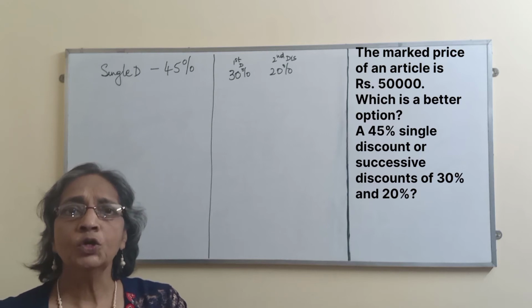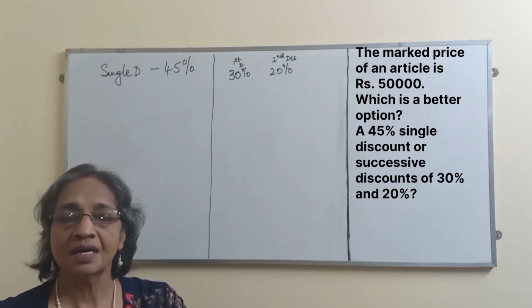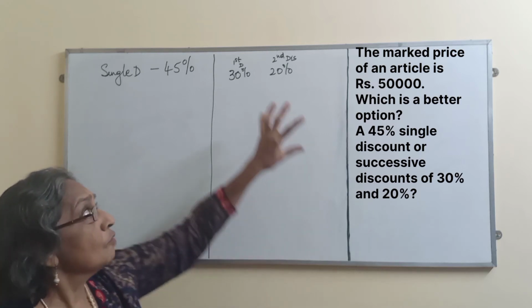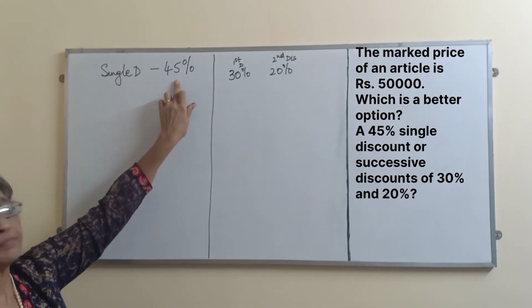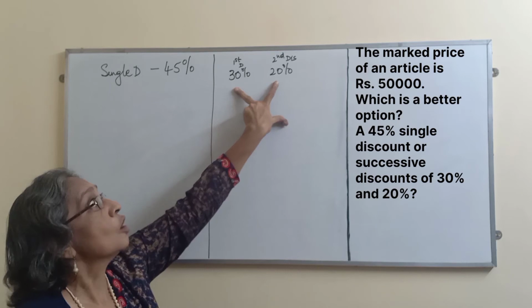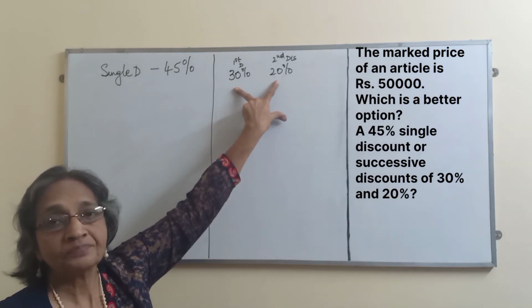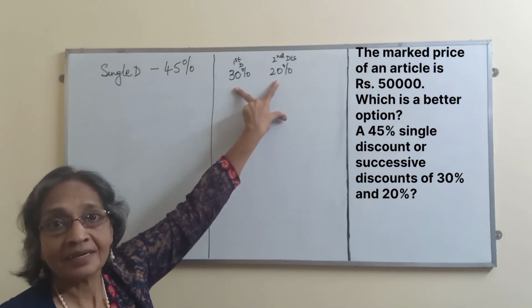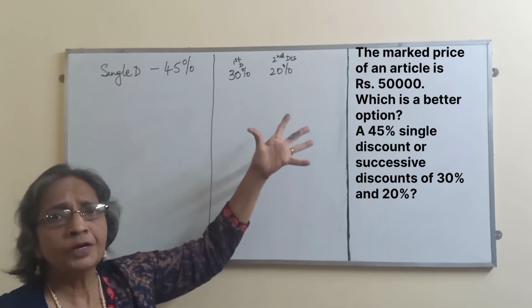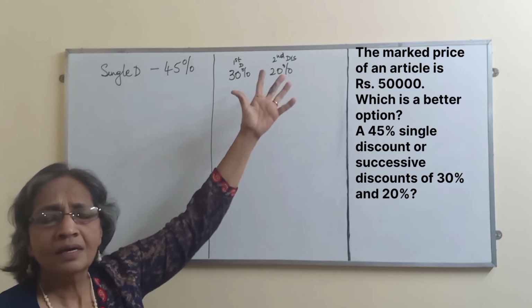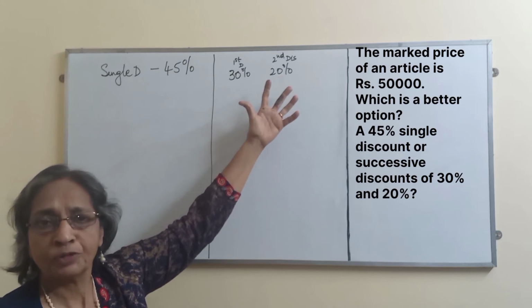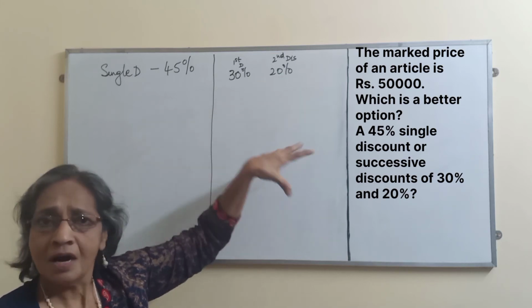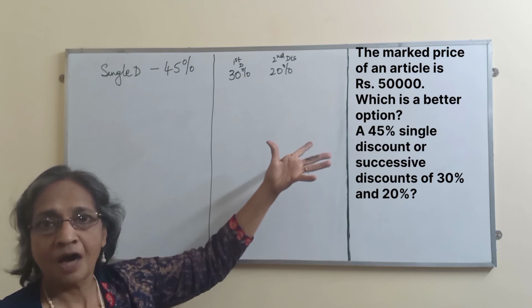That means you are getting two discounts, one after the other. Now if you look at these two, this is a single discount of 45% and these are two discounts of 30 and 20. So what you will think, 30 and 20, 50% discount is being given, so I will take this option. So let's work out what happens now.